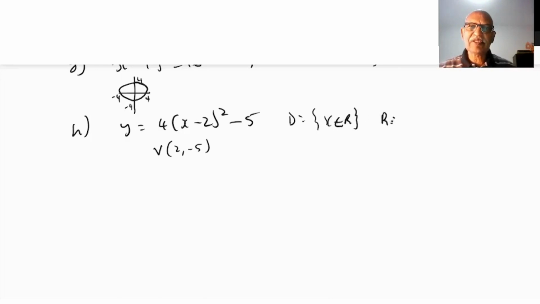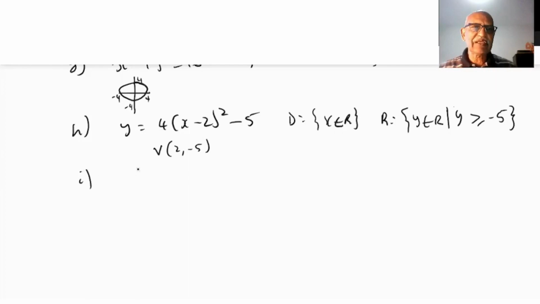For the range, it depends on whether it has a maximum or minimum. In this case, it's a minimum because it opens up. The minimum value of y is negative 5. Therefore, y belongs to R such that y is greater than or equal to negative 5, because we have a minimum value.